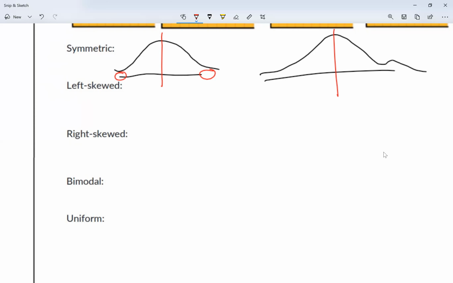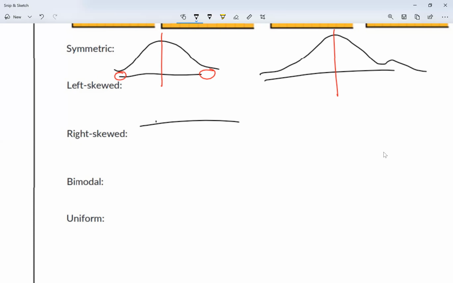Now, another shape that we're going to look at is left skewed. Left skewed and right skewed, the next two names, can be easily confused. Now, for left skewed, the highest point is not in the center.